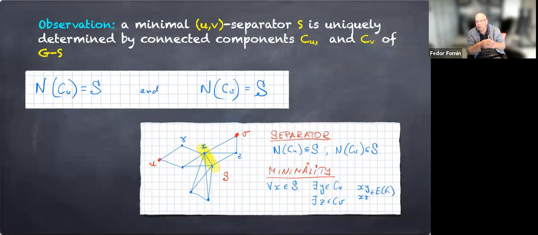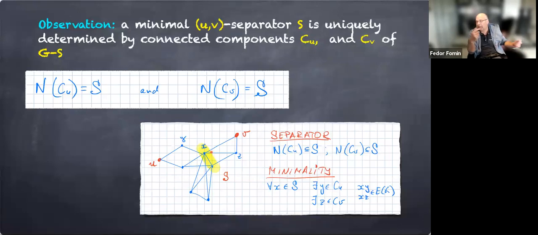And why does every vertex of the separator belong to the open neighborhood of the component? Take any vertex x of this separator. I claim that there should be a vertex y from the component C_u which is adjacent to x. Why? Because if there is no such vertex y, what happens if I remove vertex x from the separator?